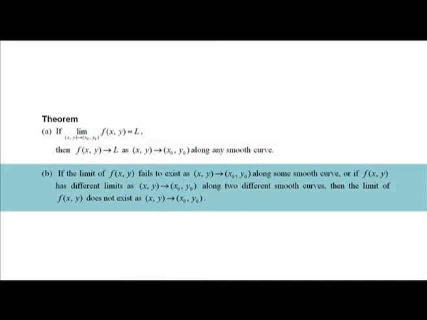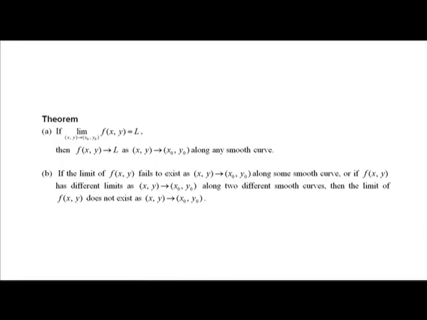If the limit of f of x, y fails to exist as (x, y) approaches (x naught, y naught) along some smooth curve, or if f of x, y has different limits as (x, y) approaches (x naught, y naught) along two different smooth curves, then the limit of f of x, y does not exist as (x, y) approaches (x naught, y naught).